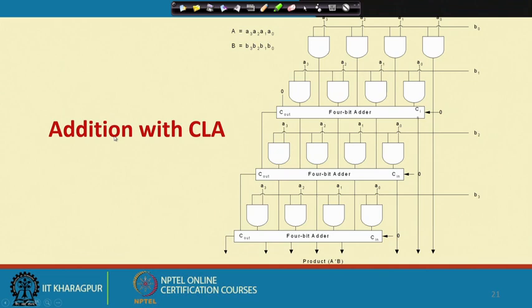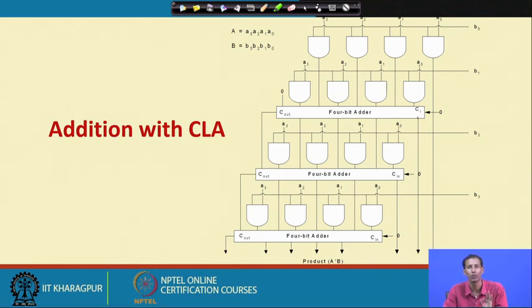So, for this array multiplication, the basic thing is what we have learned: bitwise multiplication and then addition. Here, suppose I am considering two numbers A and B of 4 bits.